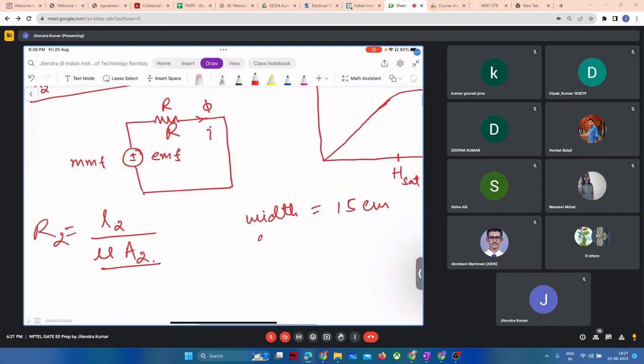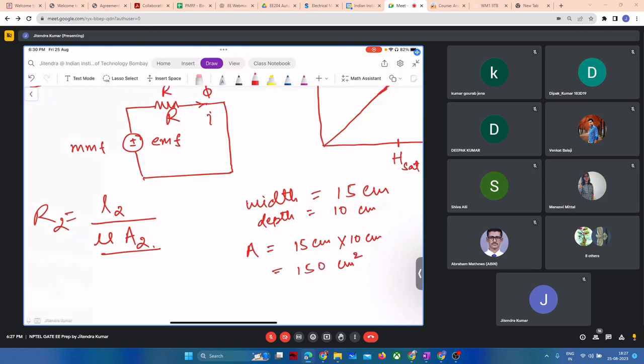So the depth along the z direction is 10 centimeter. We can compute the area: 15 centimeter into 10 centimeter, which is 150 centimeters square.